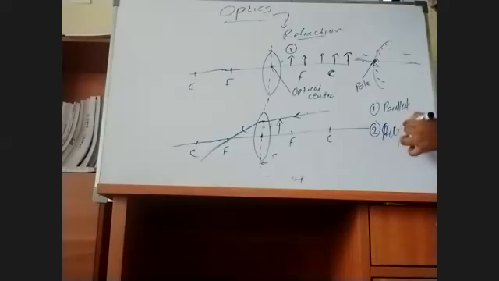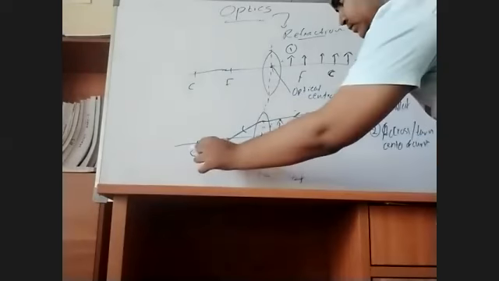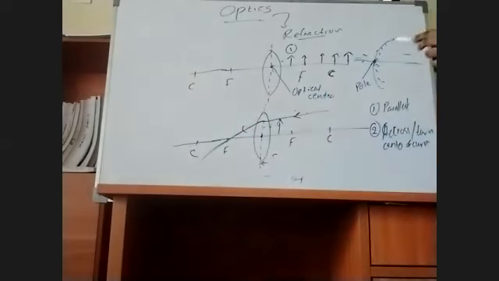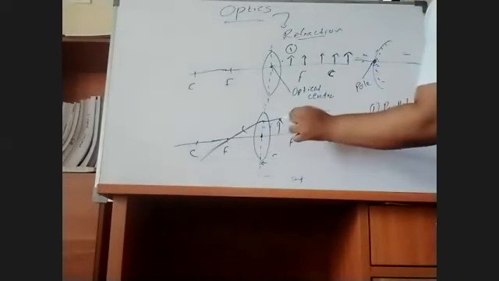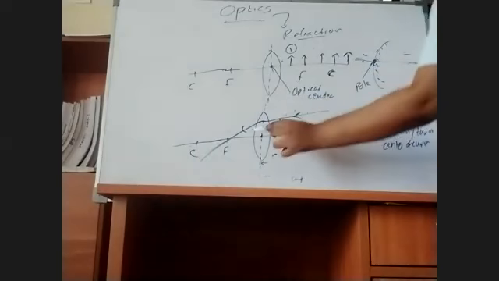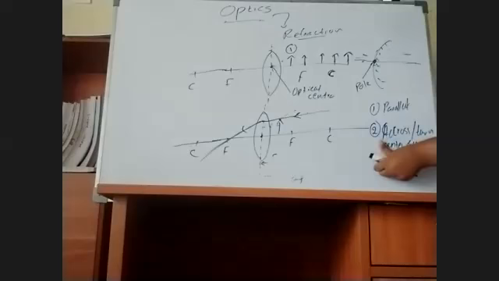Across or towards the center of curvature තියෙන line එක. Then now we can draw a line as it passes the optical center.